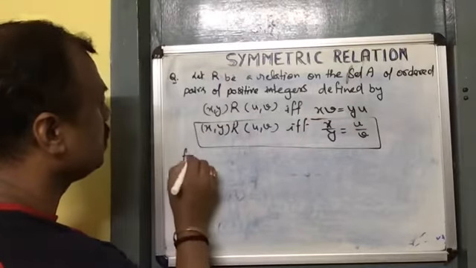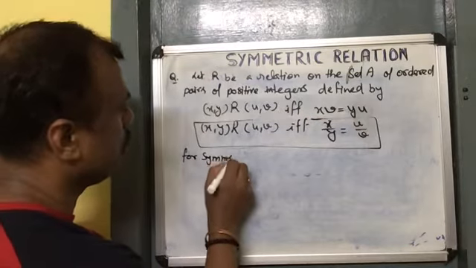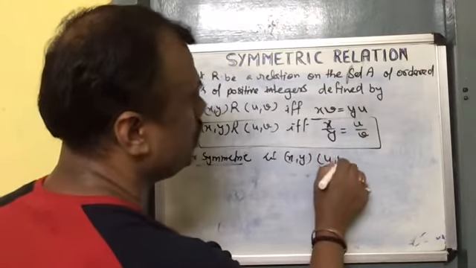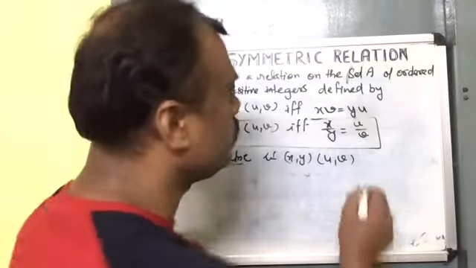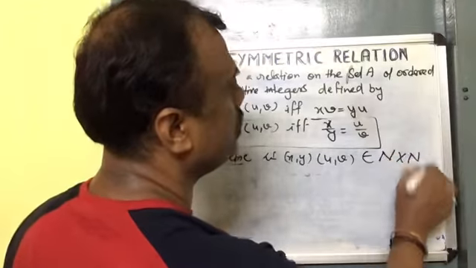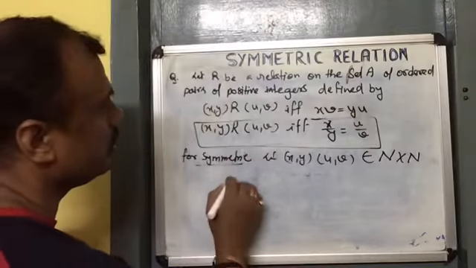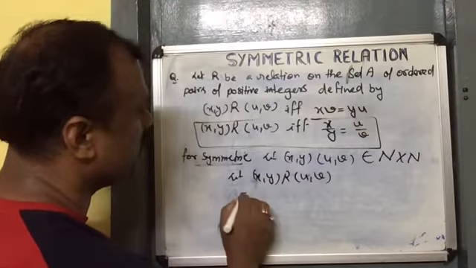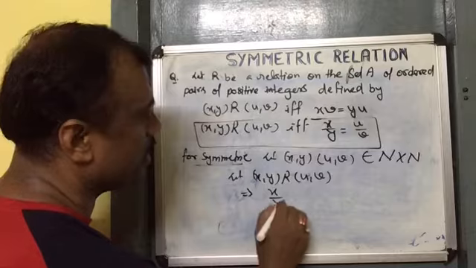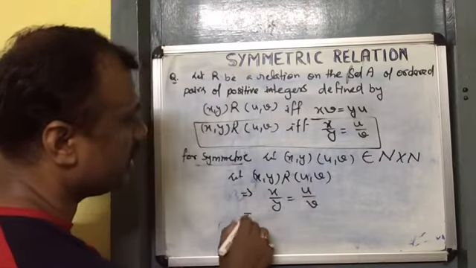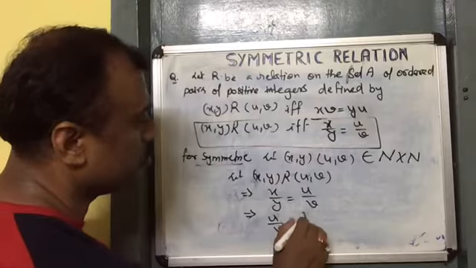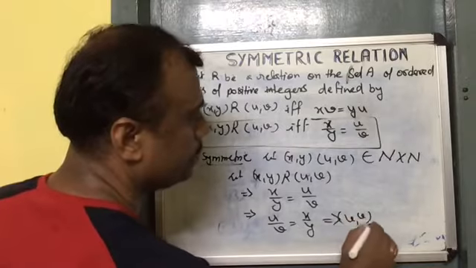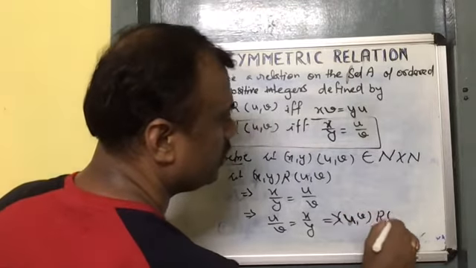For symmetric, let (x,y) and (u,v) be some arbitrary elements from N cross N. Okay, so I am going to start. Let (x,y) be related with (u,v), which implies that what? We can write x upon y equals u by v. Can I write in this way? u upon v equals x by y, which I can write as (u,v) related with (x,y).